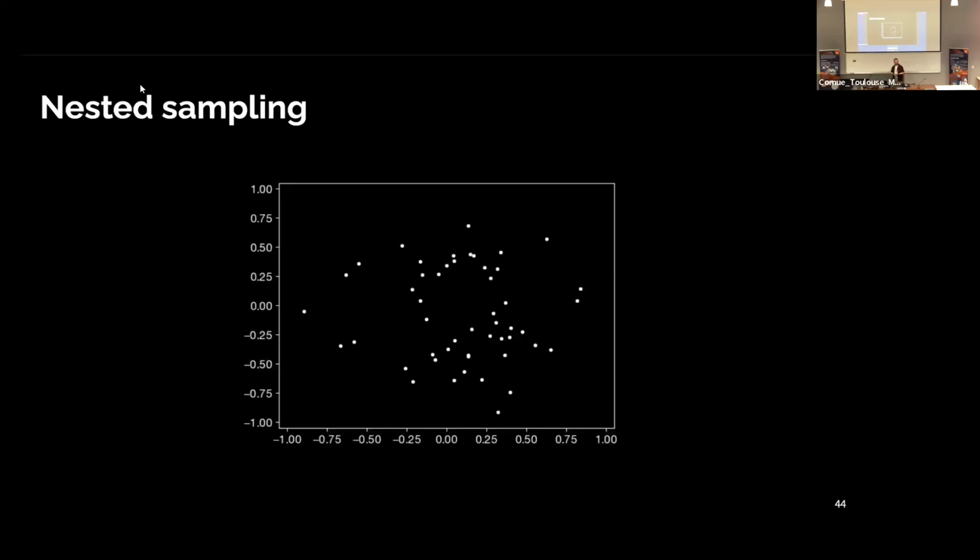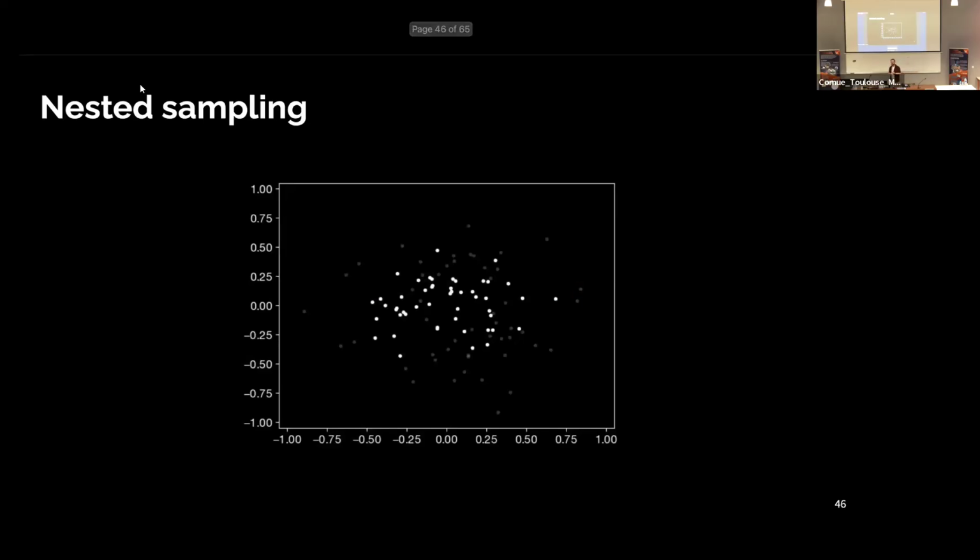And then what I'm going to do is calculate the likelihood times prior at every single one of those points. Okay, I'm going to find the point that has the lowest likelihood times prior, which is this point here that's now gone gray, and I'm going to move it to a higher likelihood point. So I'm going to draw a sample from the likelihood constrained prior that's now of higher likelihood than where I was initially. And I'm going to do this over and over again.